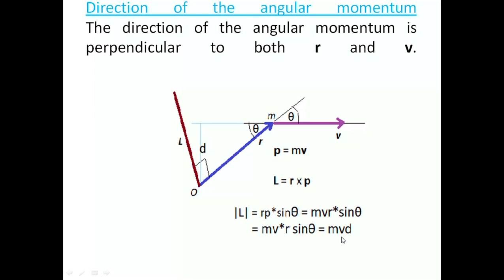So the magnitude now is equal to mvd. So we can say that the angular momentum is the moment of linear momentum. The linear momentum is mv and the perpendicular distance between the point O and the direction of linear momentum is d. So it is mvd.